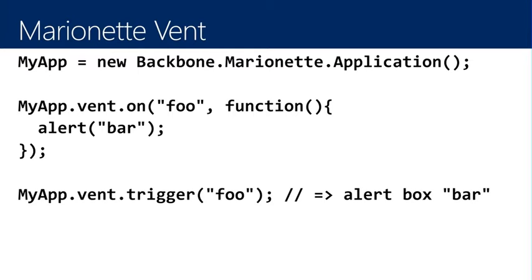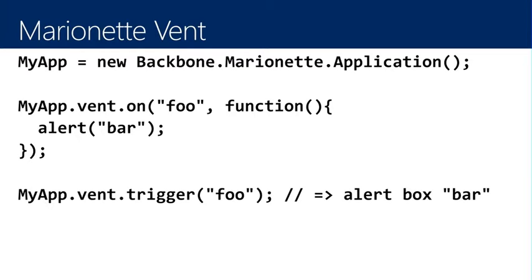So that Backbone Wreqr event aggregator that we talked about just before, by default, every Marionette application object gets one of these for free. You can add as many event aggregators as you want, and I really do recommend that you think about the way that you structure those eventing systems. You don't want to have everything going out on the global vent, because you're going to end up in a similar scenario to having all of your models and views publishing events and being subscribed to by anybody.